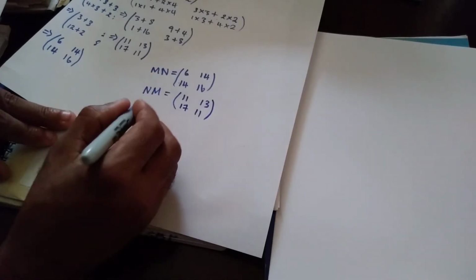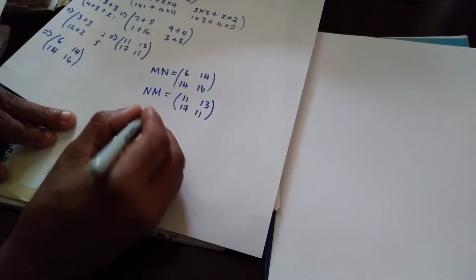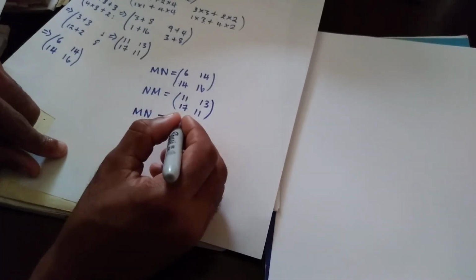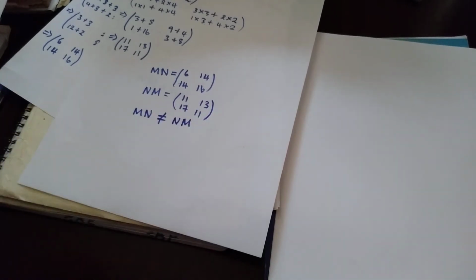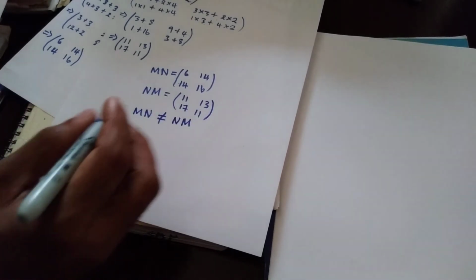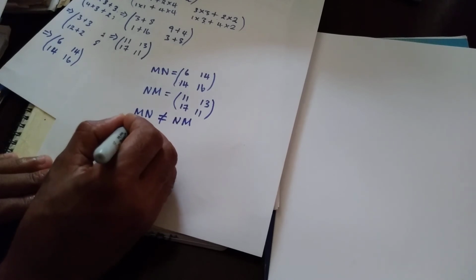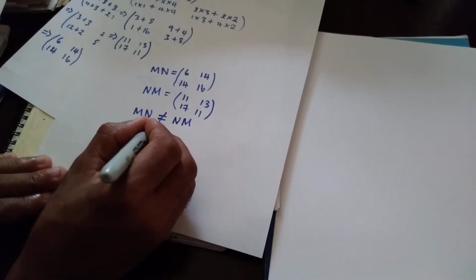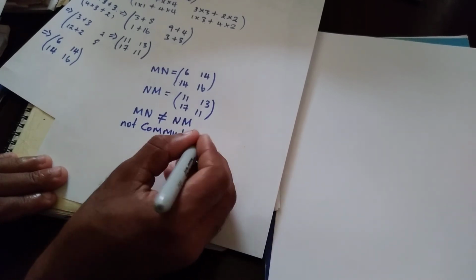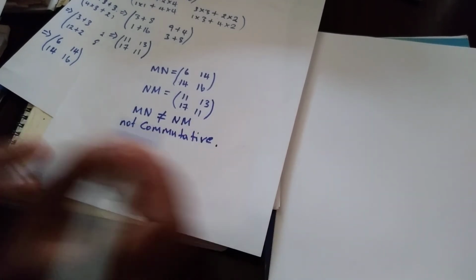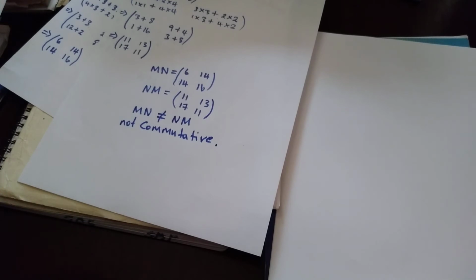So as you can see, MN is not equal to NM, or what they say in the syllabus, it's not commutative. So MN and NM are not commutative. Hopefully students remember the commutative law.